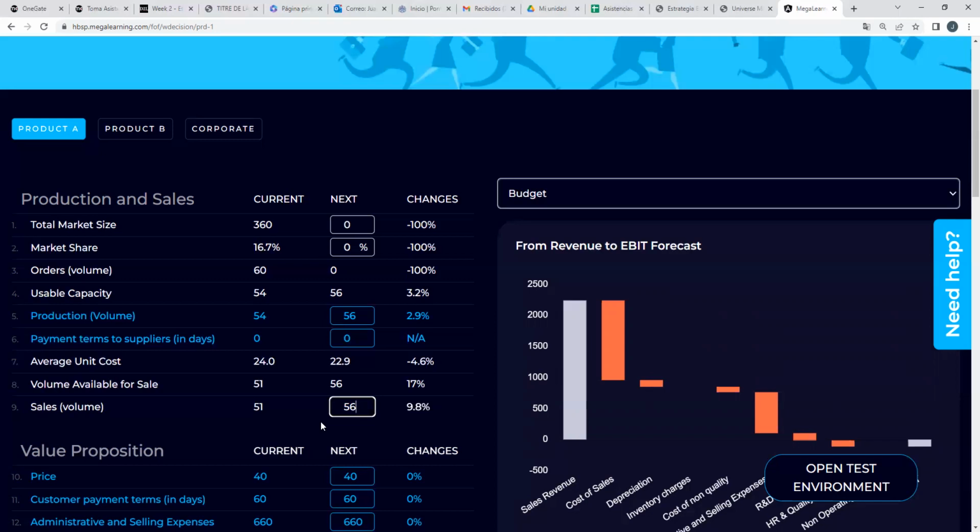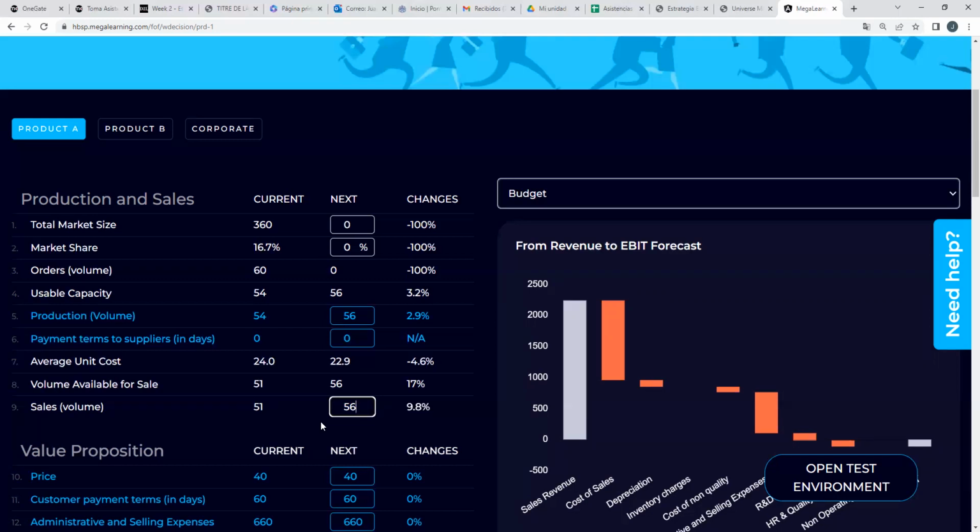Why can I sell maximum 56 of A? Because look, my maximum usable capacity. Yes, I don't have inventories or probably I have just a little bit of inventory, but I cannot produce more.